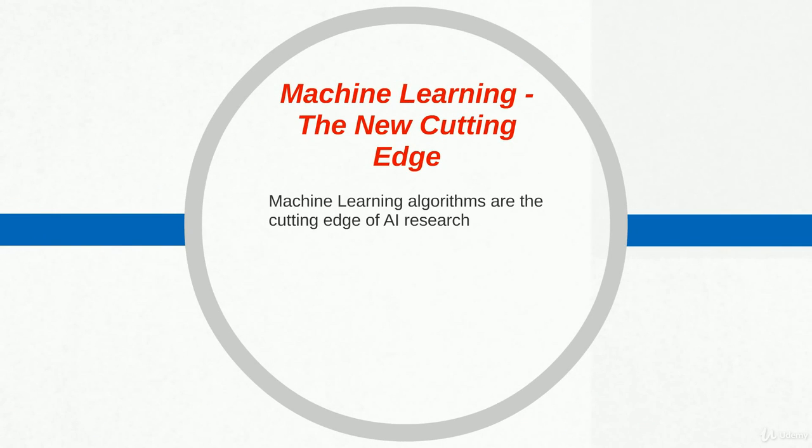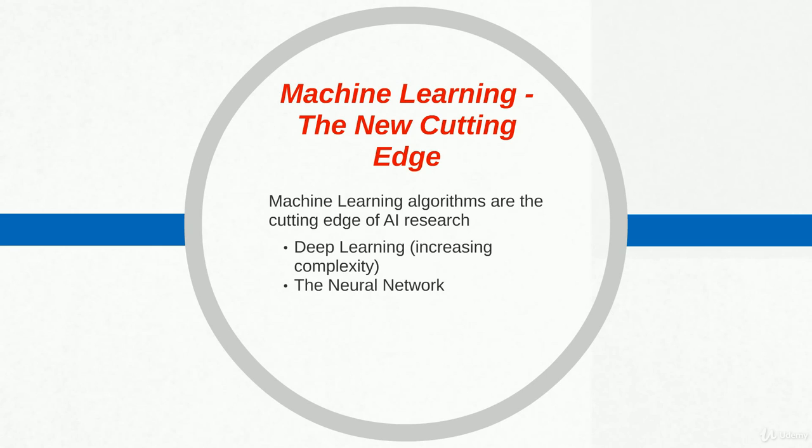Machine learning can be considered the new cutting edge of artificial intelligence research. For visual perception tasks, we are starting to develop deep learning networks that are really good at visual perception. Natural language processing would be another example of a scenario where we're using machine learning algorithms to fill an artificial intelligence role, and we're doing it quite well.